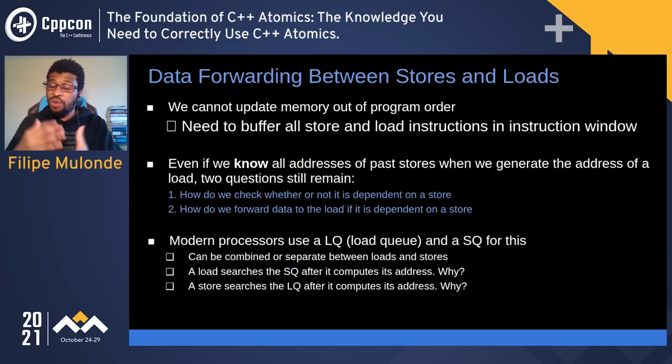To be able to do that, we have a buffer in which, when a load finishes the computation of its address, the load writes its address in that buffer, so that when a previous store finishes the computation of its address, the store can search the load queue to see if there is a load that was already dispatched that depends on the store. And we do that by checking addresses.